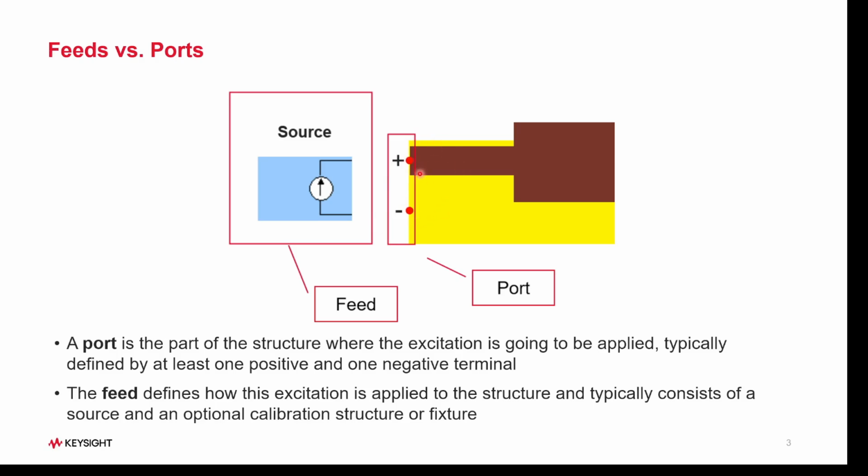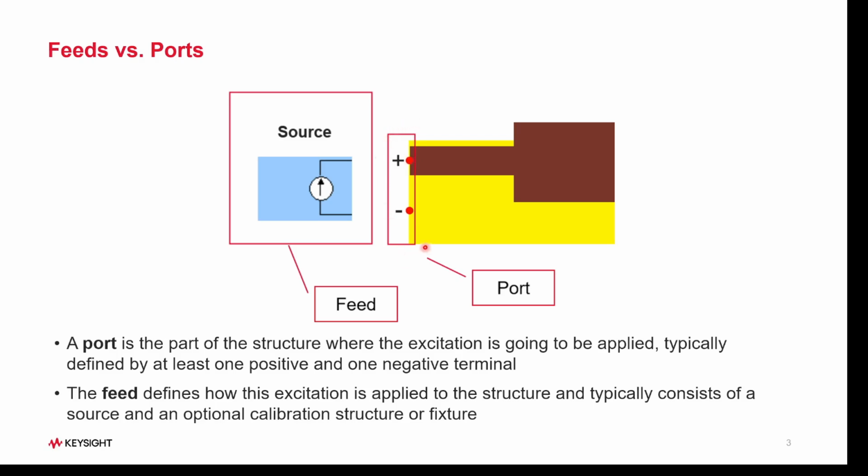So the port is really the interface from the structure to the external world, and that allows us to connect the signal that we're going to be using in circuit simulation to this specific part of the structure.